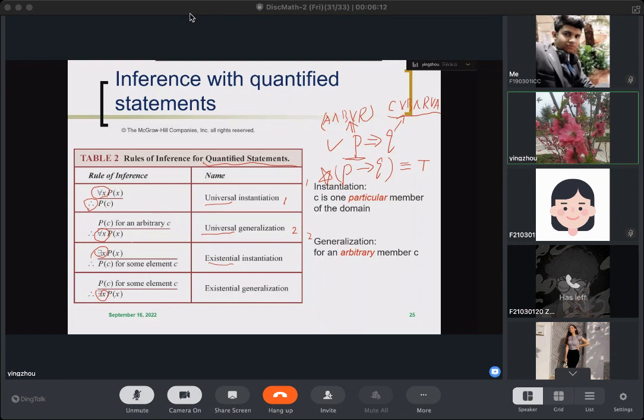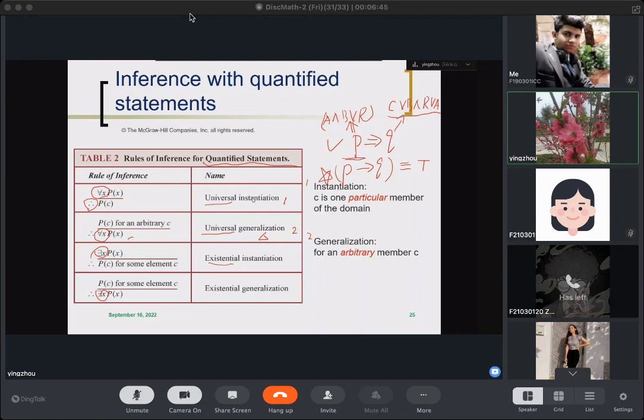So we get the rule: for all x P(x). For example, if your monitor checks all of your students or members and they have all done homework one, then we can conclude that for all students in your class, they have done homework one. So it is called generalization.